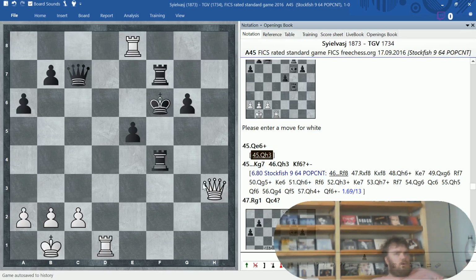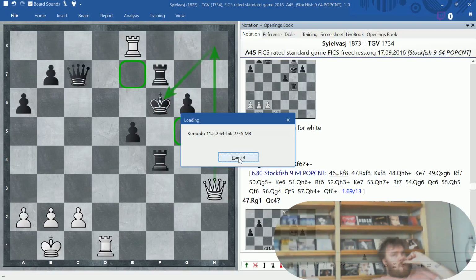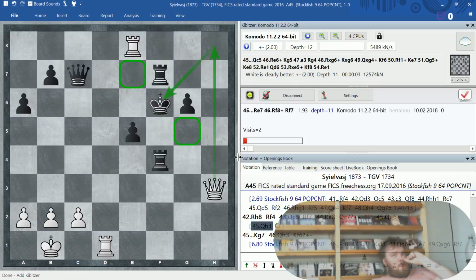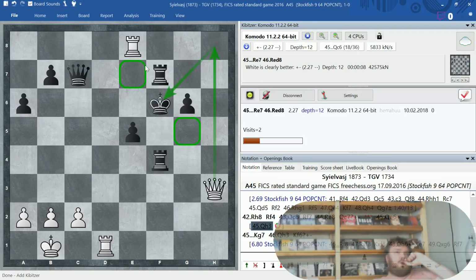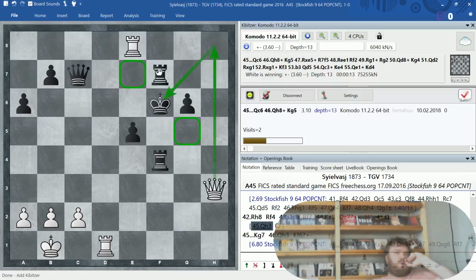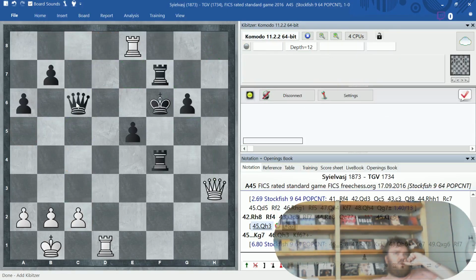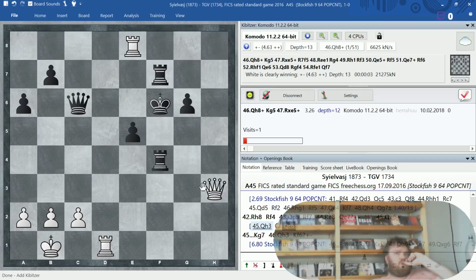So we're looking, they thought we're looking for this one, but then he has... okay. So rook, queen c6. This check.